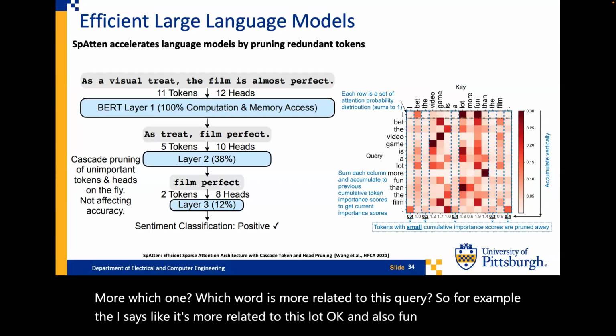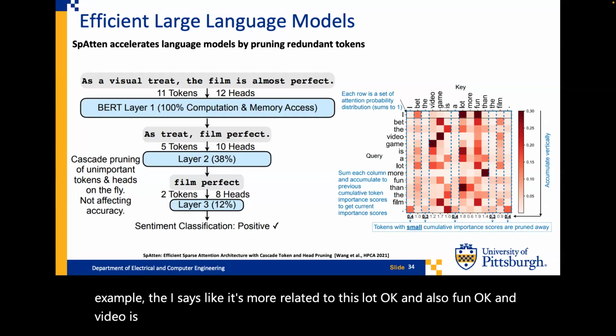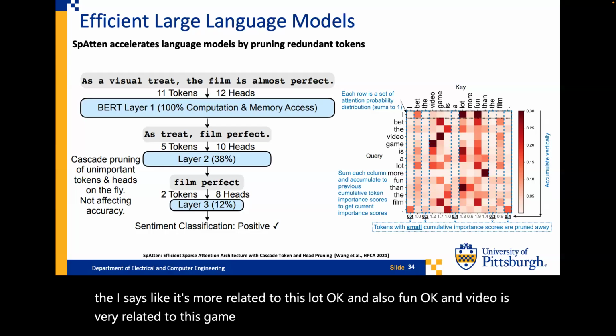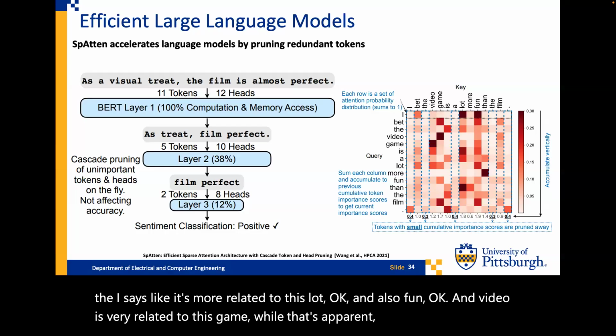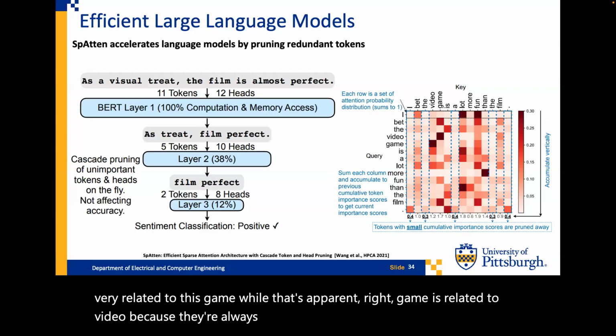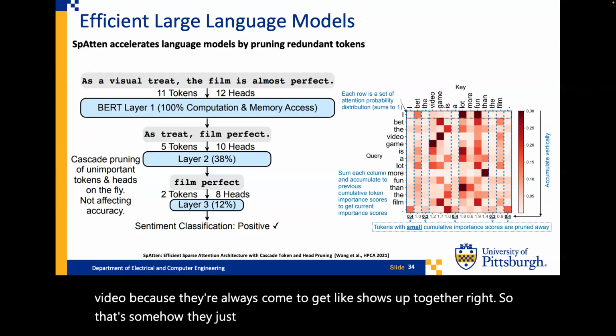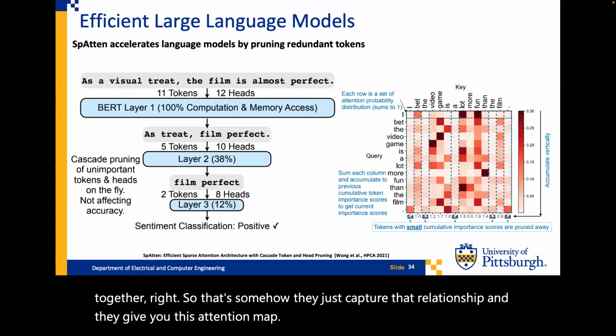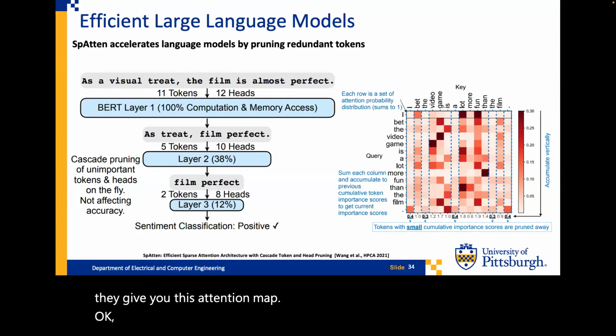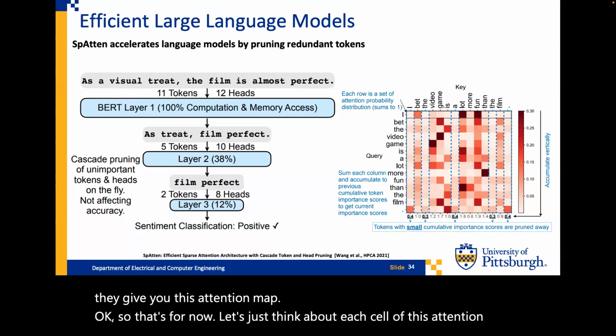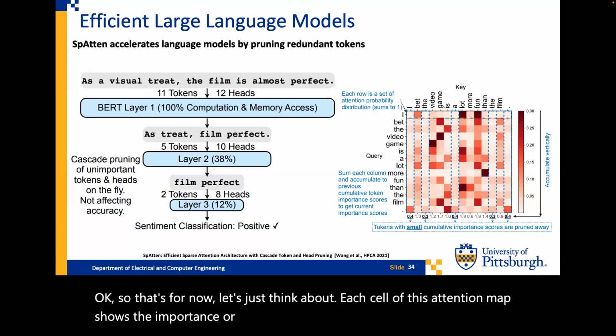And 'video' is very related to 'game'. Well, that's apparent, right? 'Game' is related to 'video' because they always show up together. So they somehow capture that relationship and give you this attention map. For now, let's just think of each cell of this attention map as showing the importance, or the relationship, between these two words.